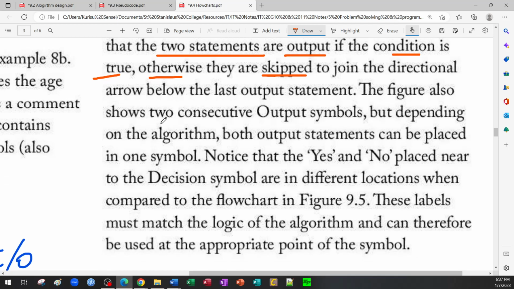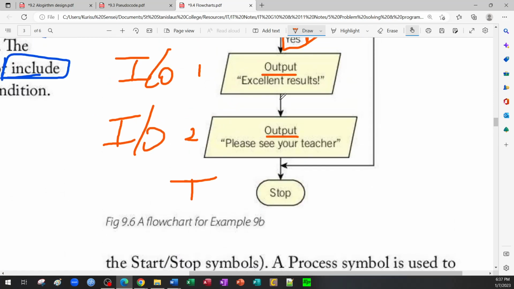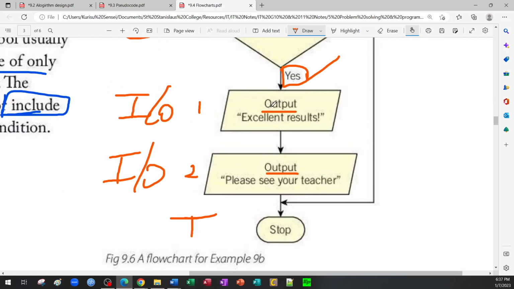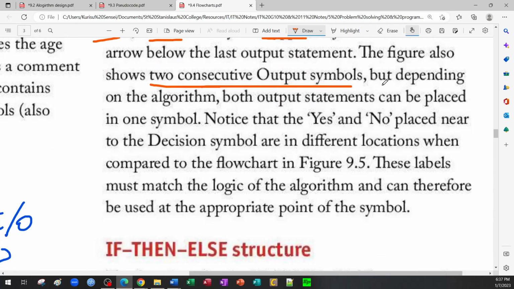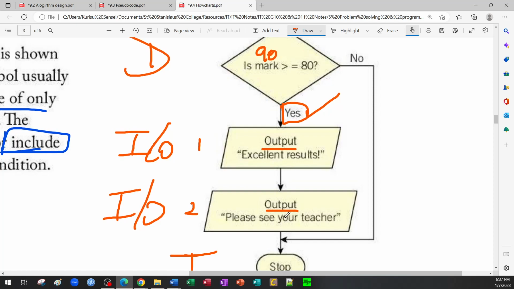The figure also shows two consecutive outputs. Remember, consecutive means one after the other. So you have one output here, another output right after. But depending on the algorithm, both output statements can be placed in one symbol. In this example, it didn't make much sense to separate the two outputs because there's nothing in between.